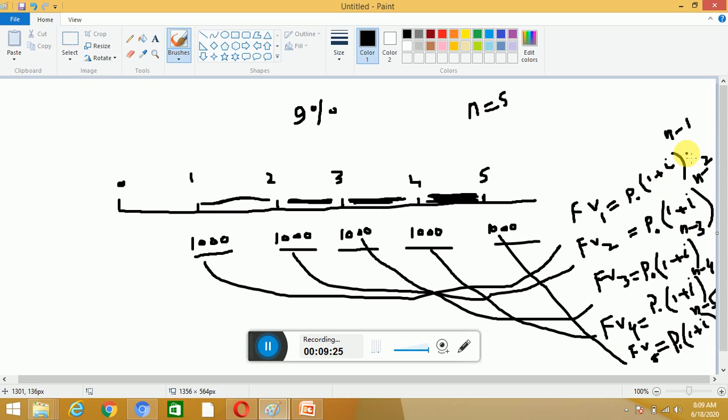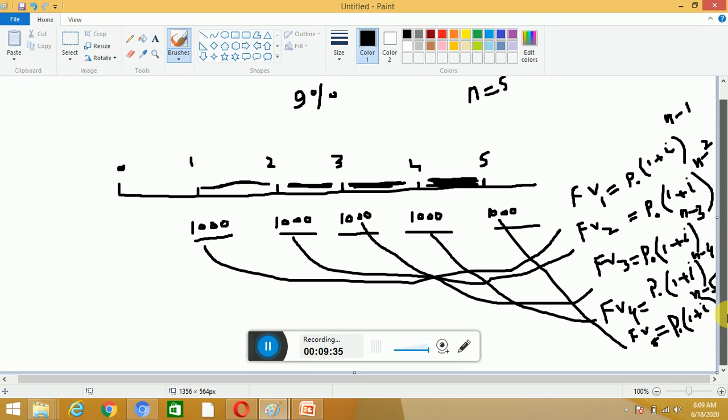So now we are going to combine these formulas, future value 1, future value 2, 3, 4 and 5. So we are going to make a single formula for this.